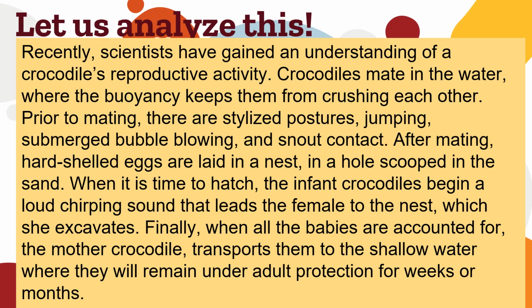When it's time to hatch, the infant crocodiles begin a loud chirping sound that leads the female to the nest, which she excavates. Finally, when all the babies are accounted for, the mother crocodile transports them to the shallow water, where they will remain under adult protection for weeks or months.